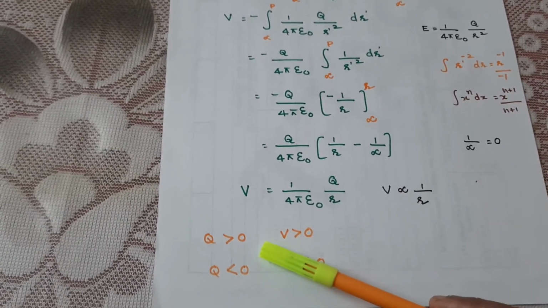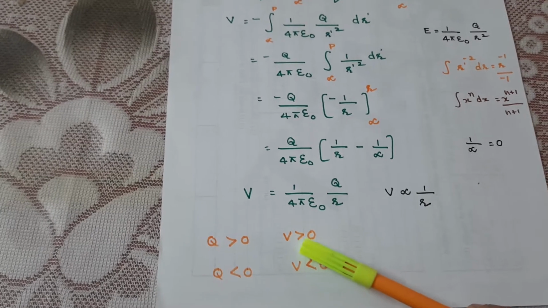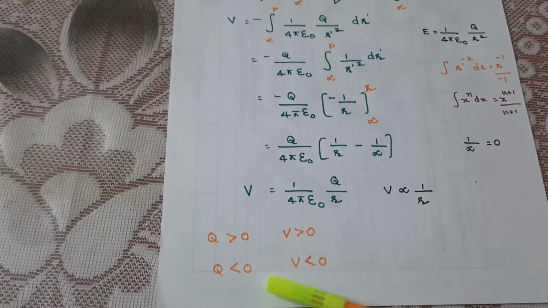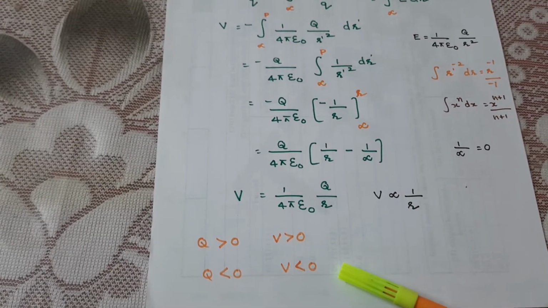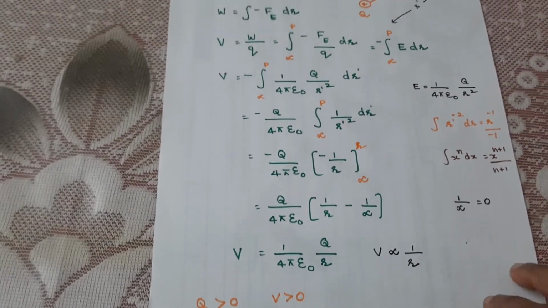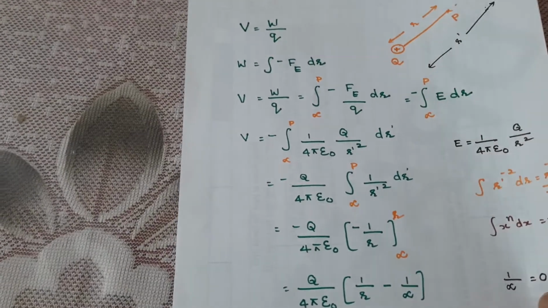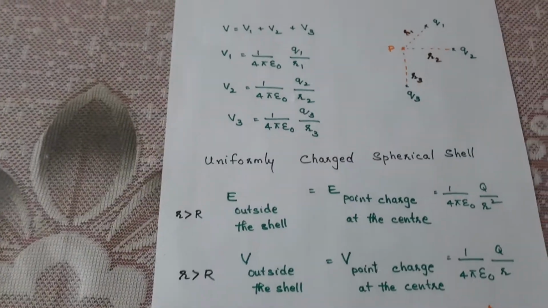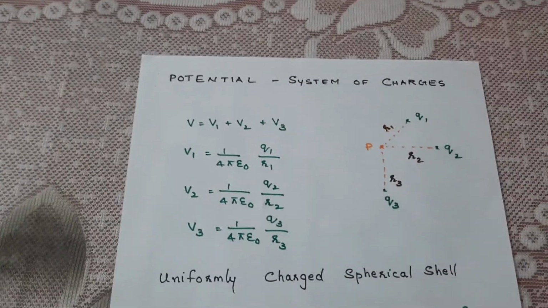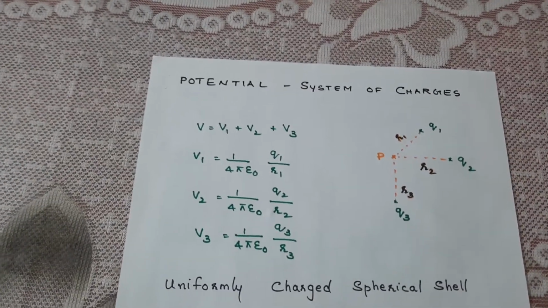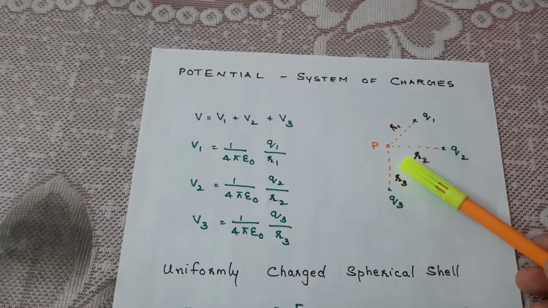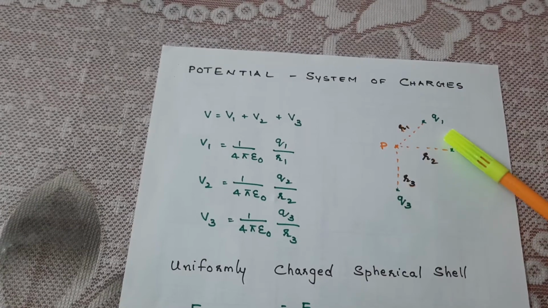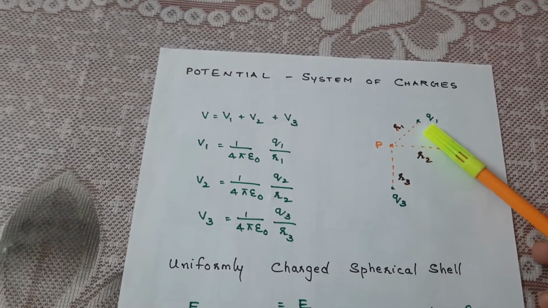If the source charge is positive, the potential is positive. If the source charge is negative, the potential is negative. The potential is a scalar quantity. If there are a number of charges, then the potential due to a system of charges at a point is the algebraic sum of the potentials due to individual charges.